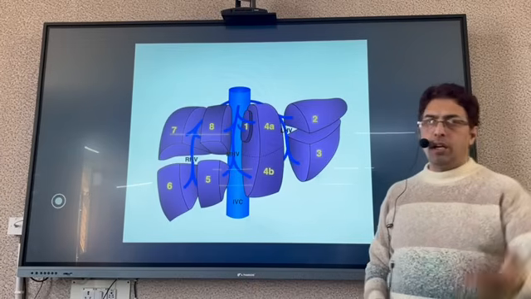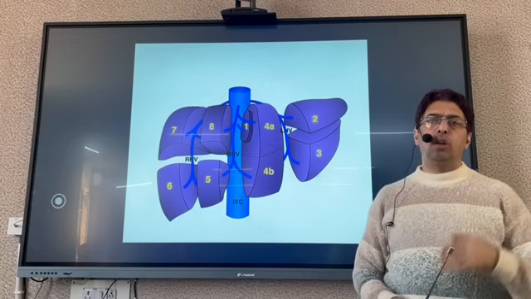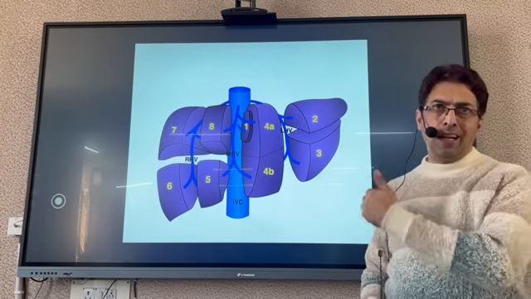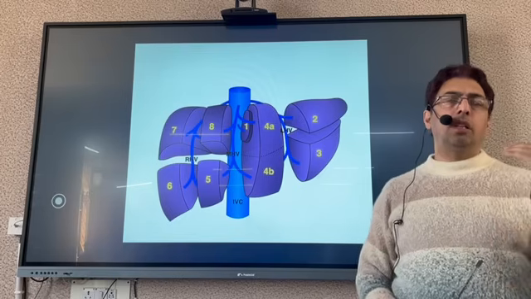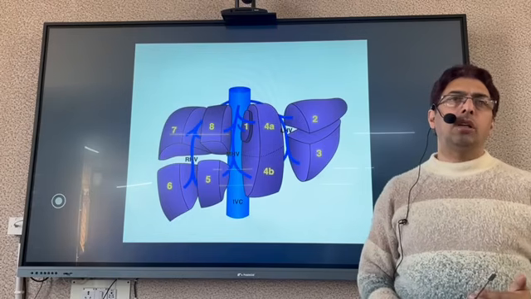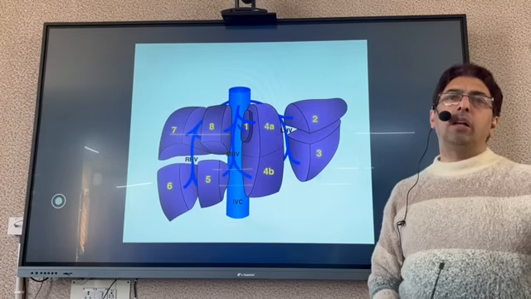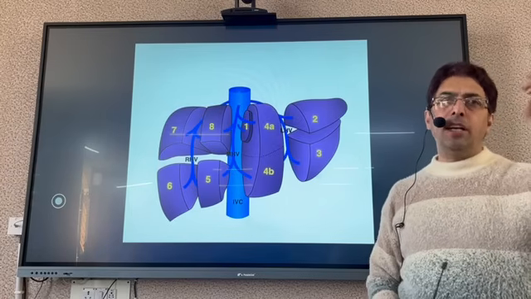But this is a recent surgical classification, not recent, a bit old, but this is the latest, because it is given the name Couinaud's segmentation of the liver. In here, we divide the liver into many segments.